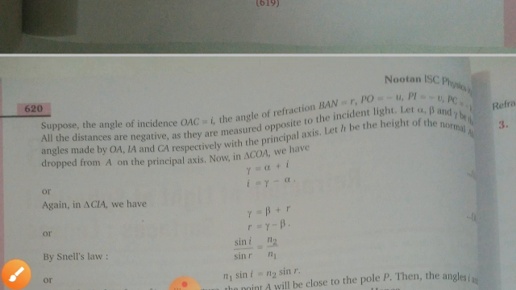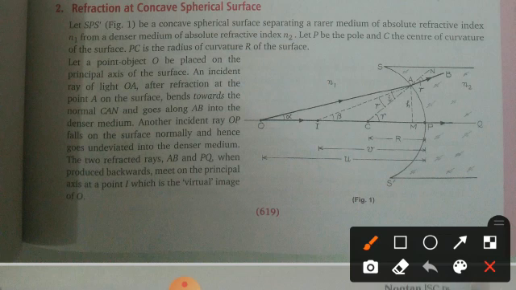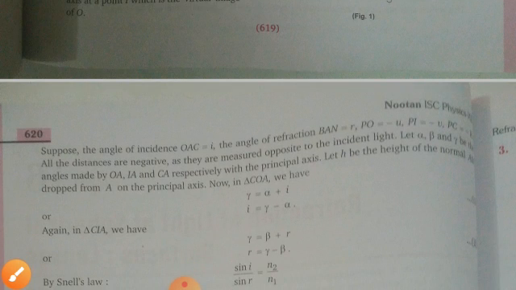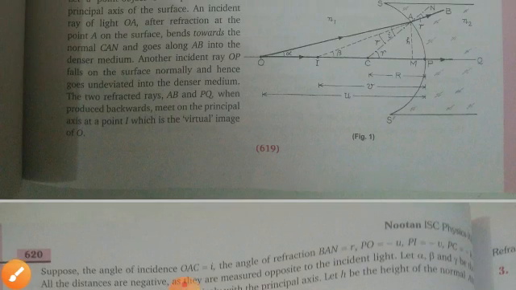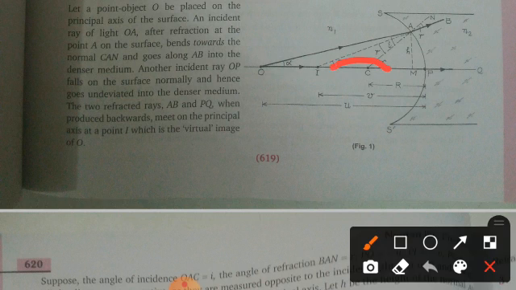Now in triangle COA, you can see in the triangle COA here, C to O to A, this is the triangle formation. We have gamma equals alpha plus I, or you can also write angle of incidence is equal to gamma minus alpha. Again we are considering triangle CIA. You can see in the above figure CIA, this is the triangle.